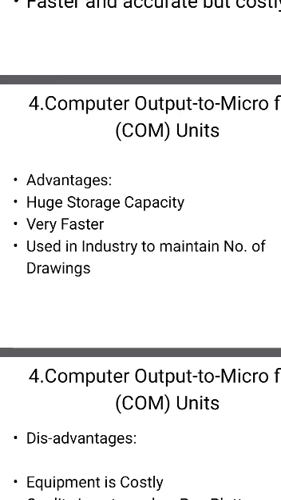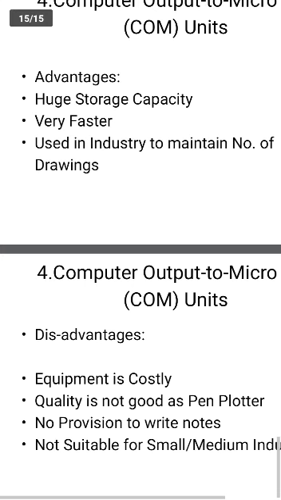It is used in industry to maintain a number of drawings, so in big industries it is used to store drawings. Next, it produces a microfilm copy much faster than the pen plotter and electro plotter. Next, disadvantages. What are the disadvantages we have?